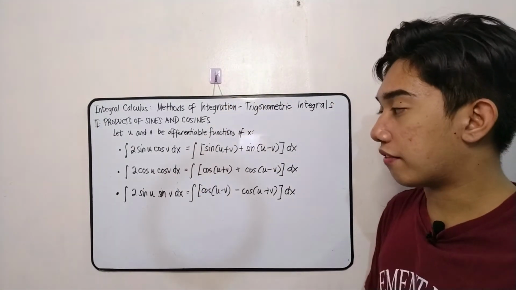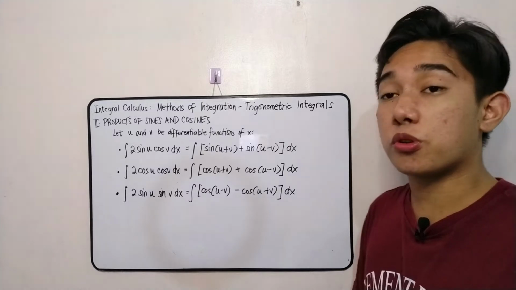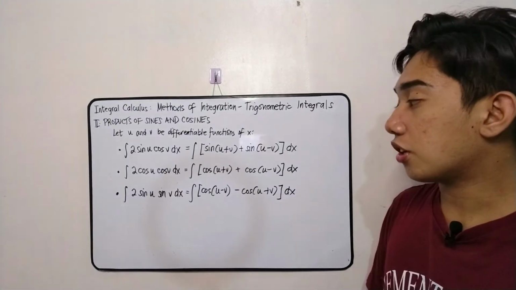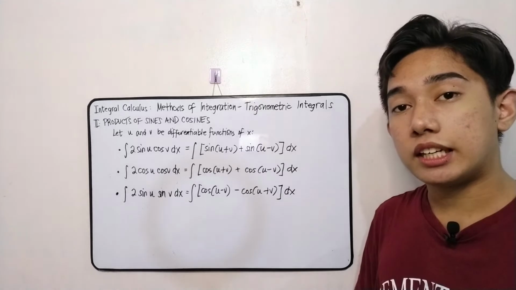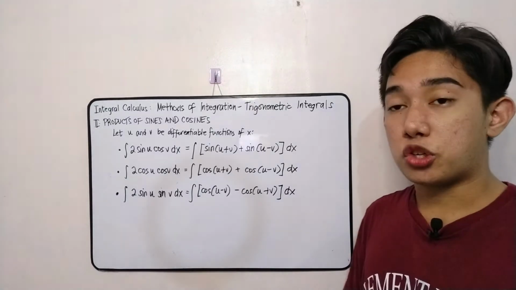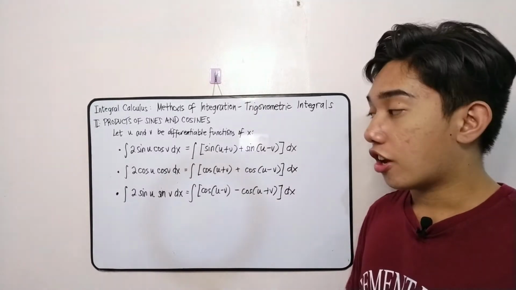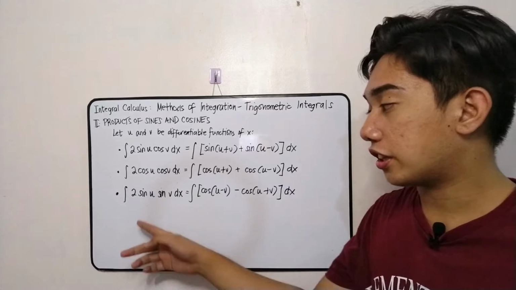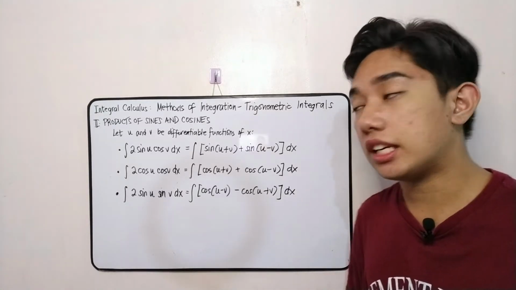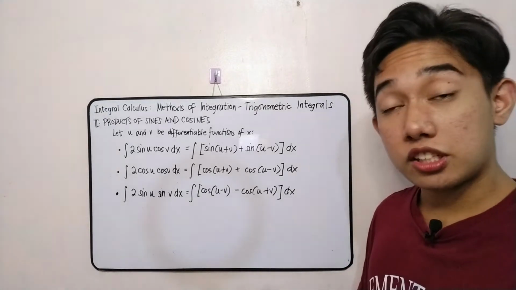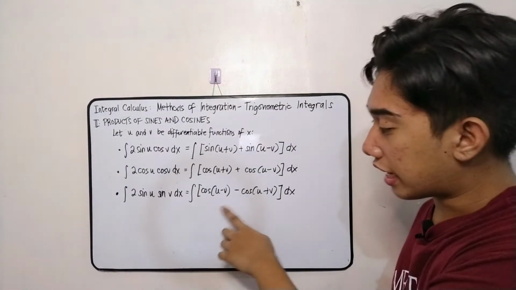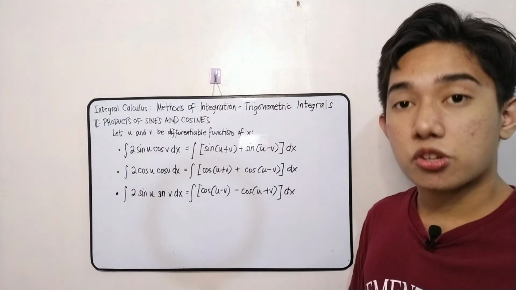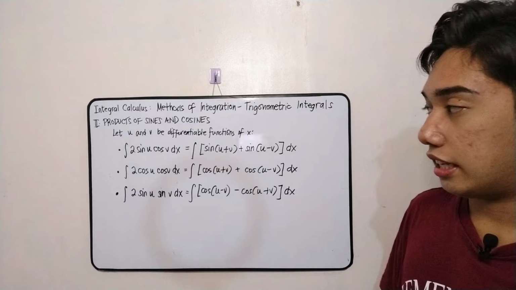For the next rule, the integral of 2 cosine u cosine v dx is equal to the integral of quantity cosine of u plus v plus cosine of u minus v dx. For our third rule, the integral of 2 sine u sine v dx is equal to the integral of quantity cosine of u minus v, take note of the signs, minus cosine of u plus v dx.